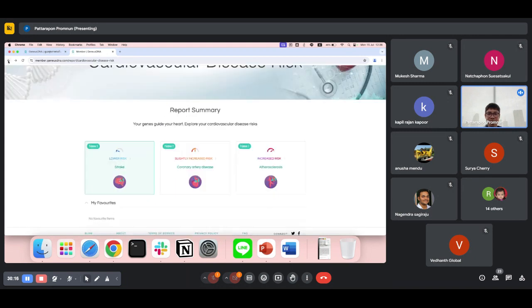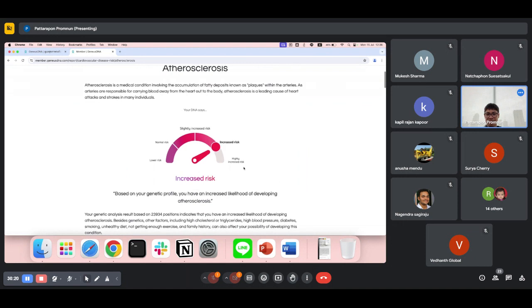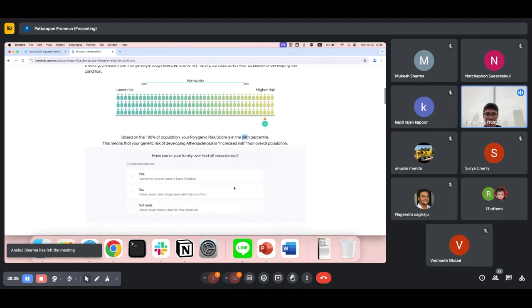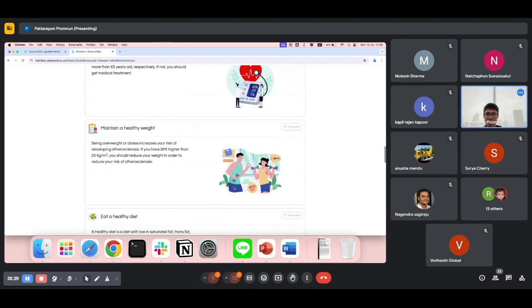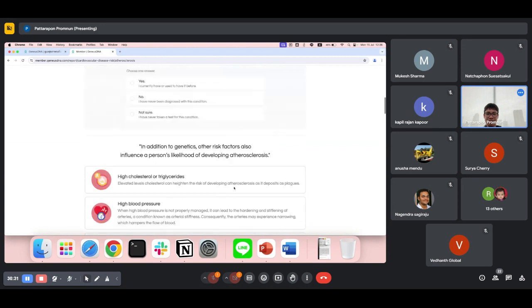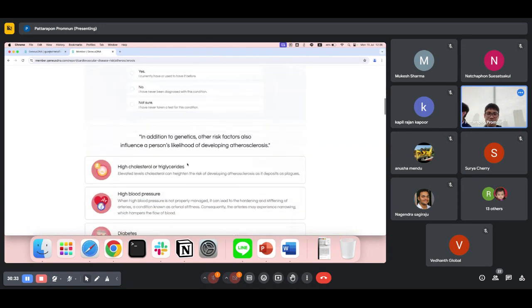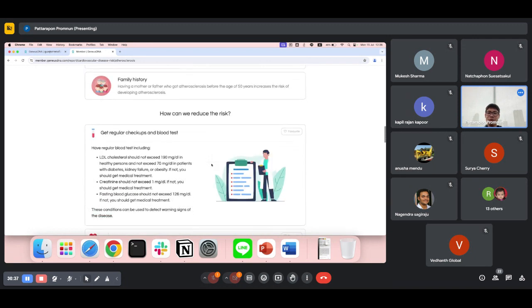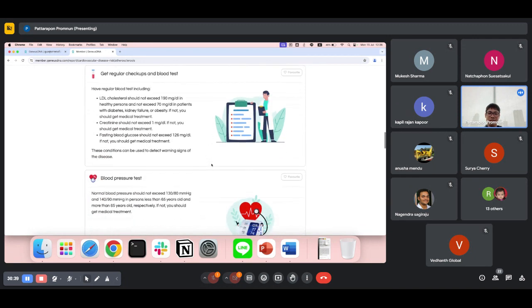For me, I have a higher risk of getting atherosclerosis. Yes, I am at the 94th percentile, higher risk, and this is based on this here. Can you see? We have many recommendations to prevent or avoid the risk of this disease.